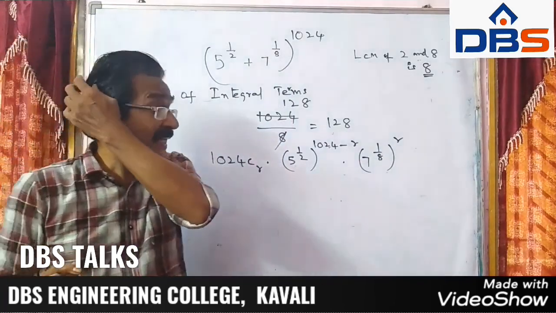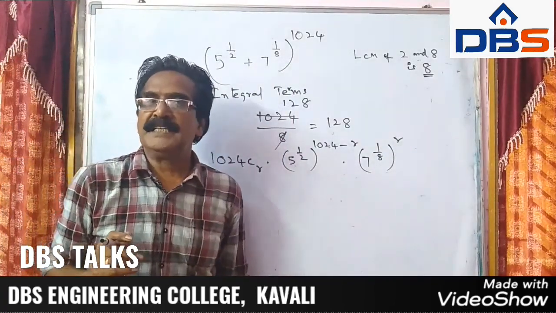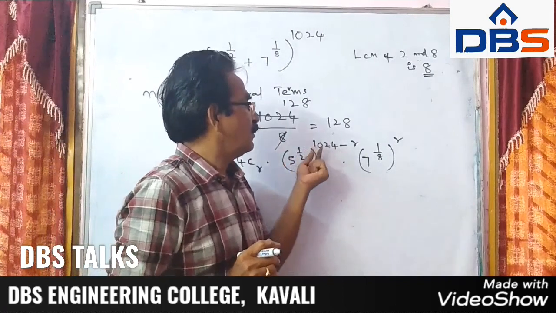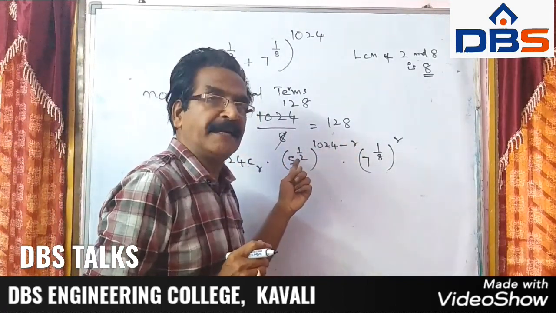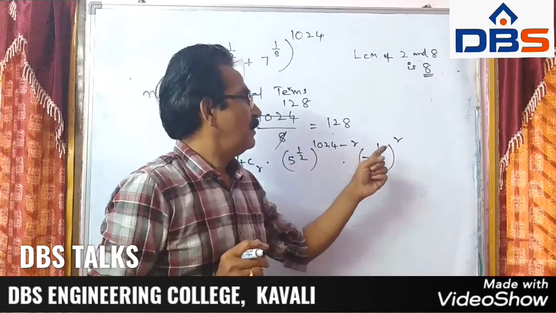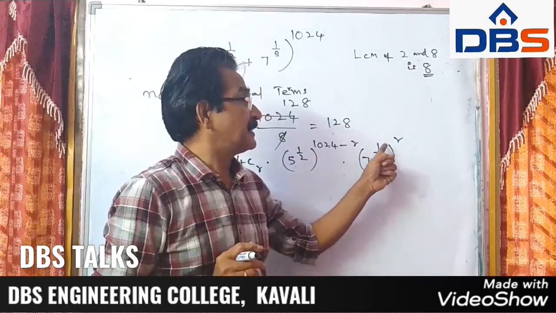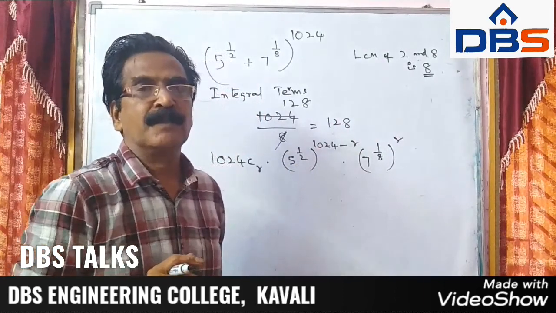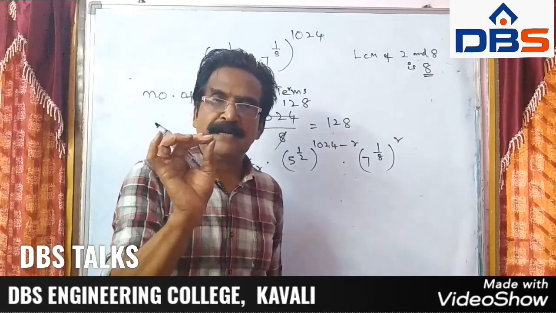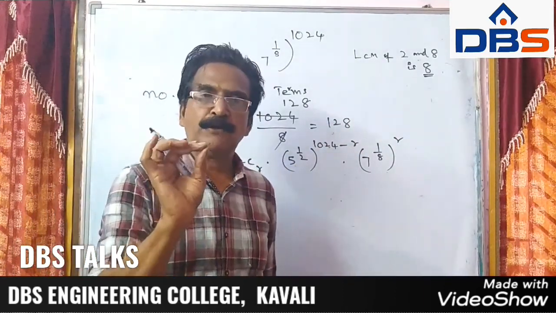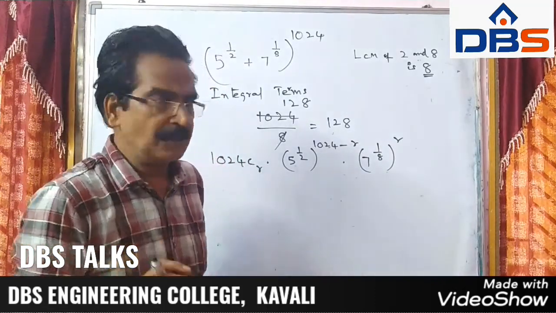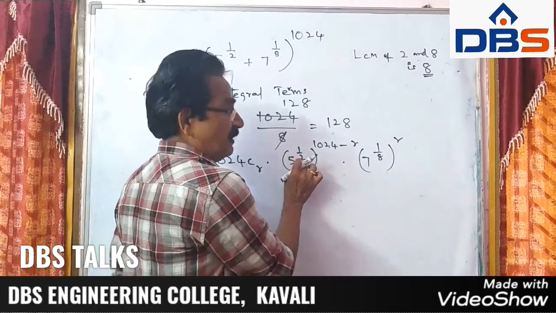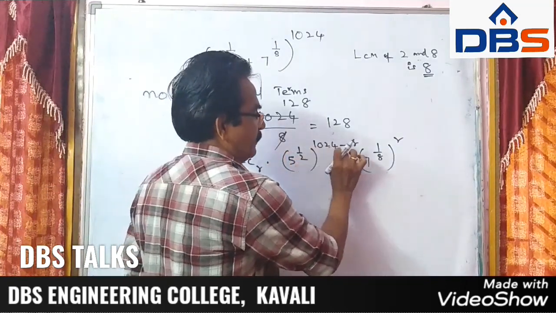So we want integral values. So this 1024 minus r must be divisible by 2, and r by 8 must be an integer, that is, 8 must divide r. Here we have to examine if r is equal to 0. Then whether 2 can divide this expression.